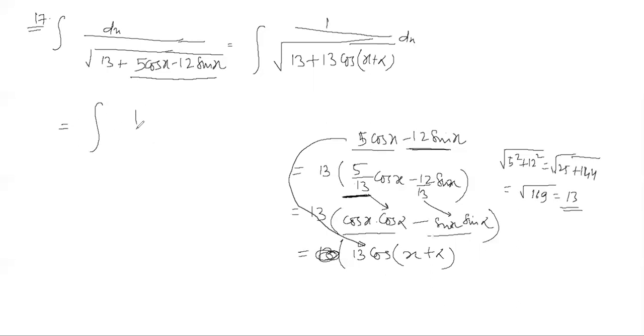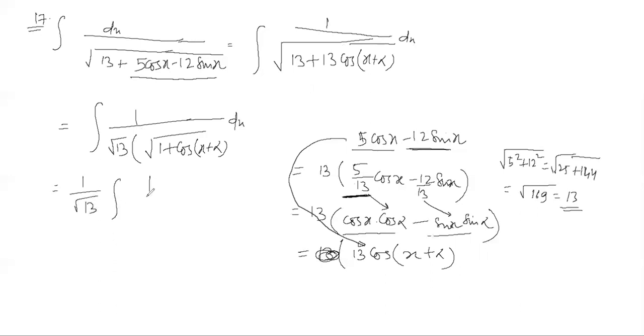So the next step, just take root 13 as common from the value. I will get 1 plus cos of x plus alpha, taking the constant out of integration.